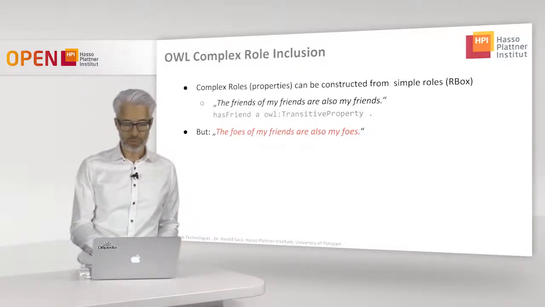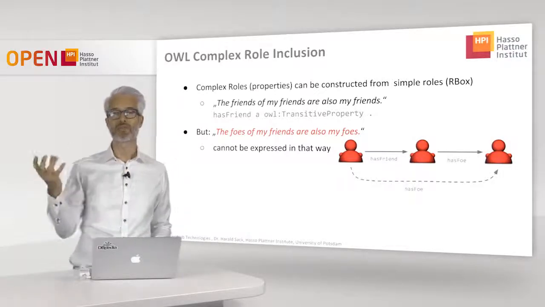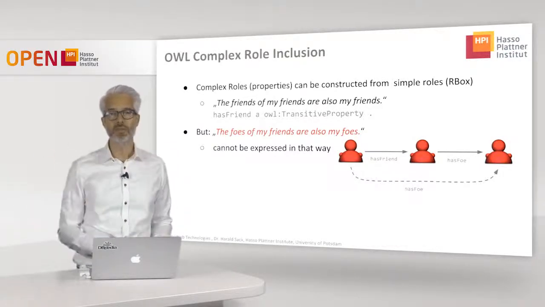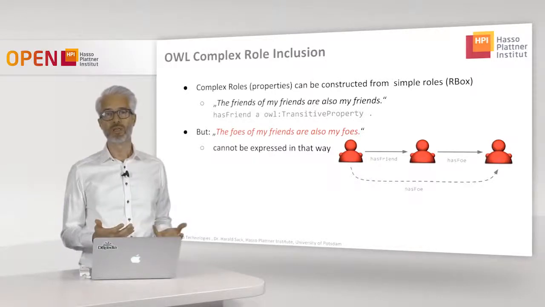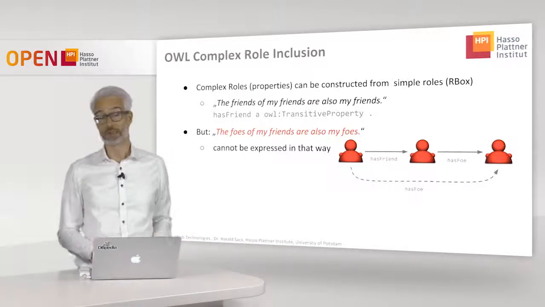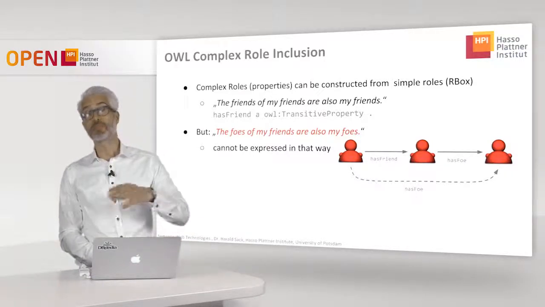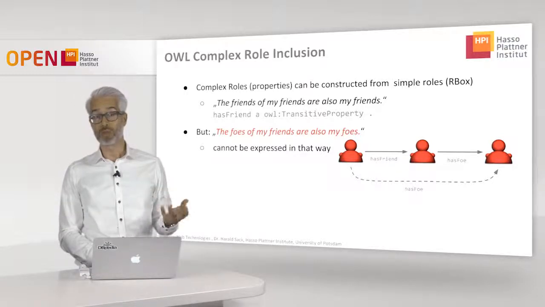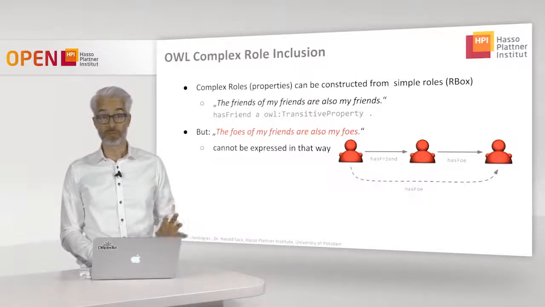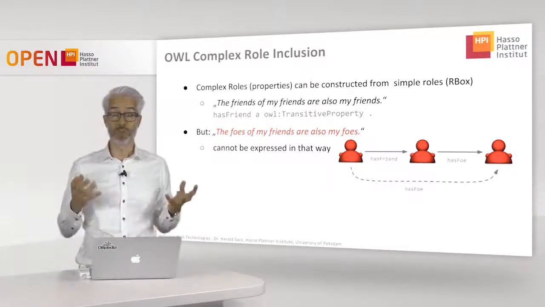So what we want to do here is somehow connect has friend and has foe to become a new definition of has foe. We could also call that has friends foe, for example, if we want to give it a new name. But the point is, it cannot be expressed with the means that we have talked about so far. So for that, we need something which gives us more expressivity.